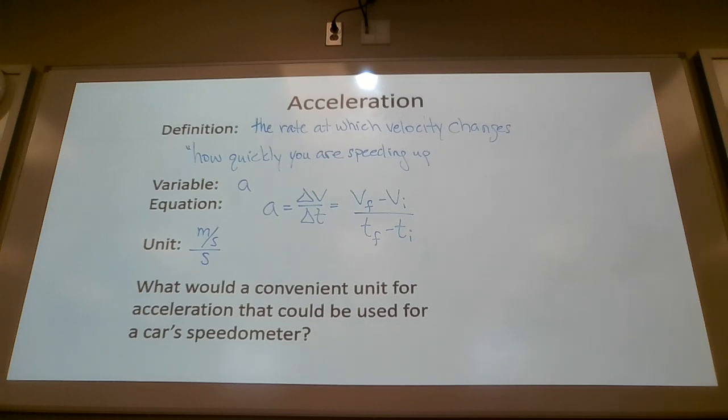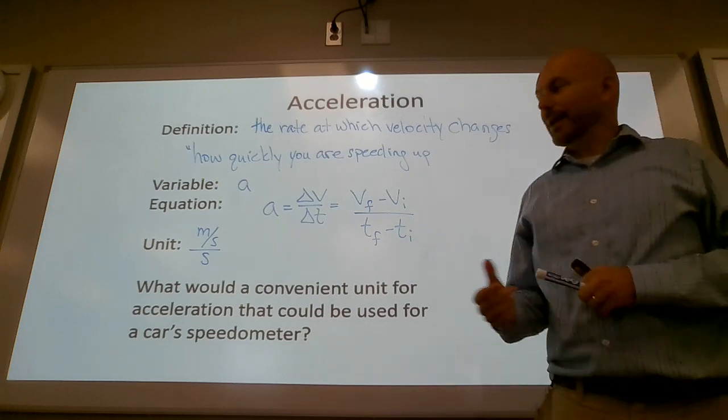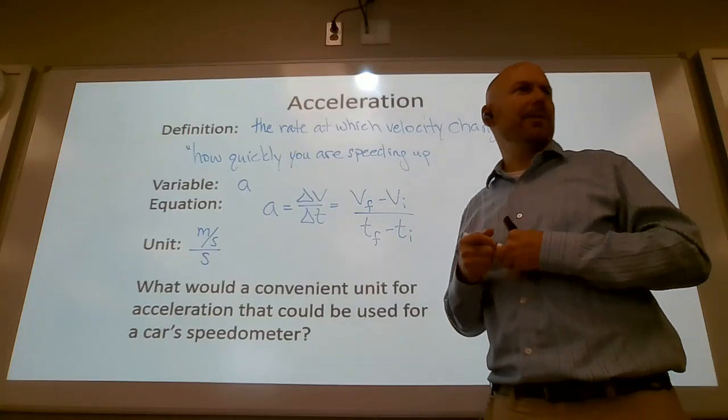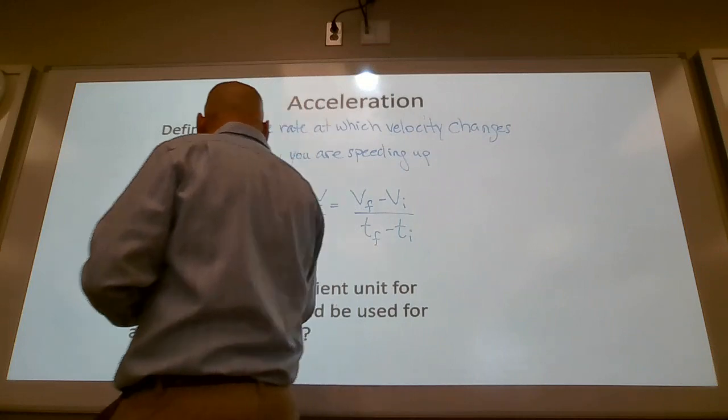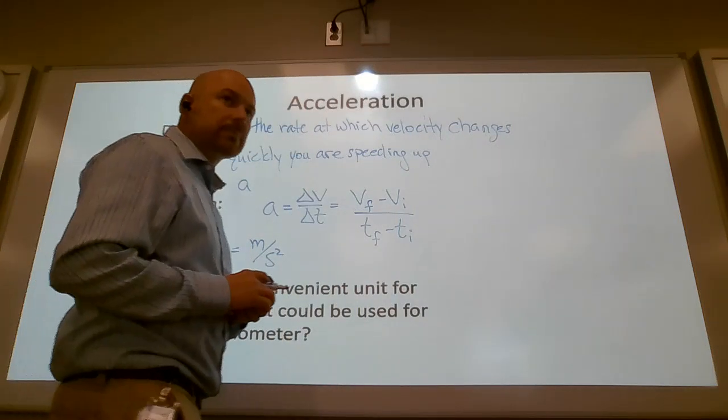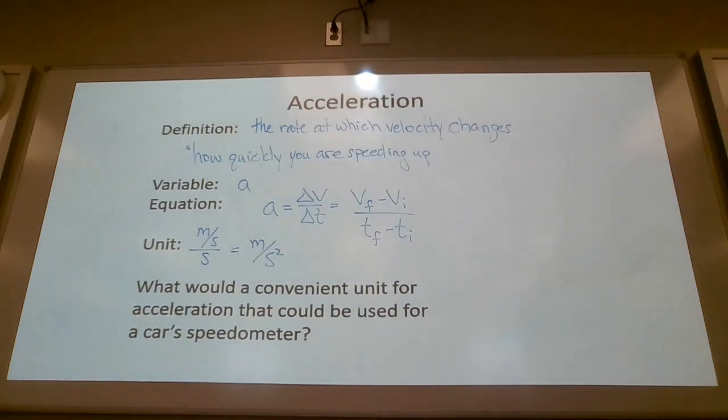Now, mathematically, we can simplify that. That's like a complex fraction. You can simplify that to meters per second squared. Okay, but conceptually, meters per second per second is a better way to digest that.